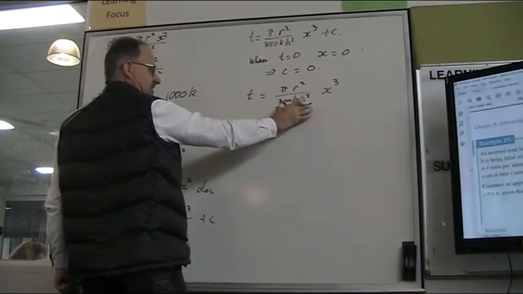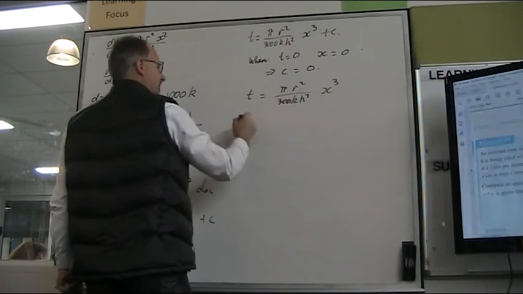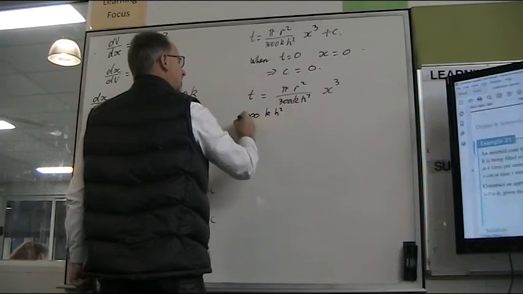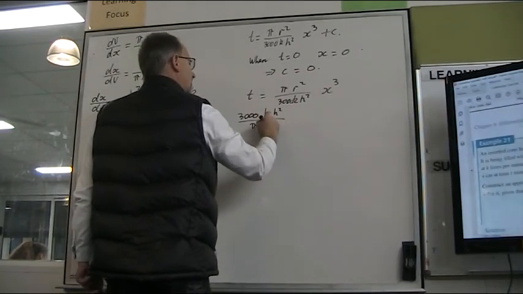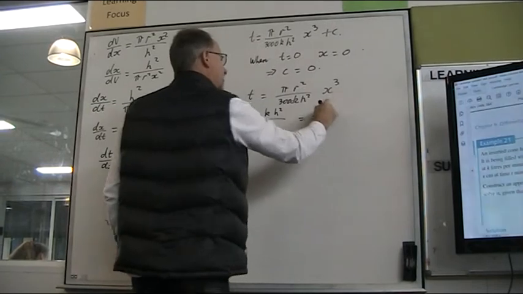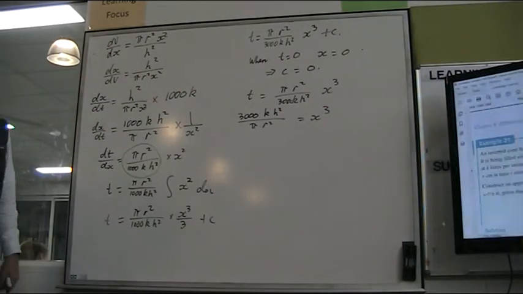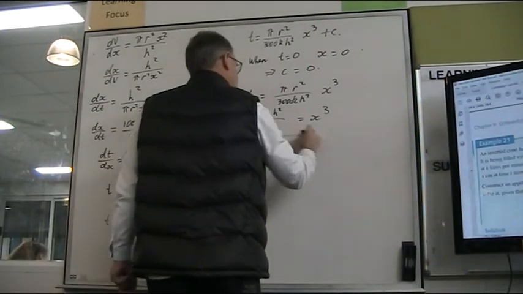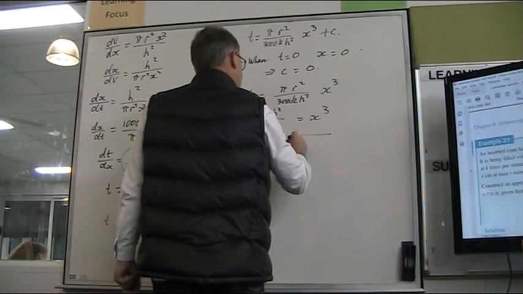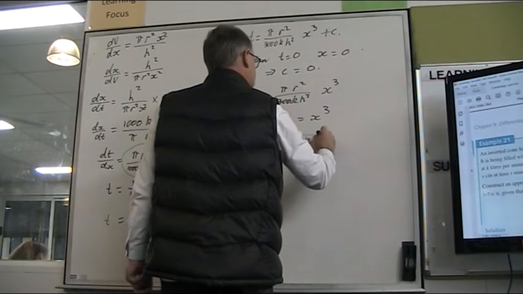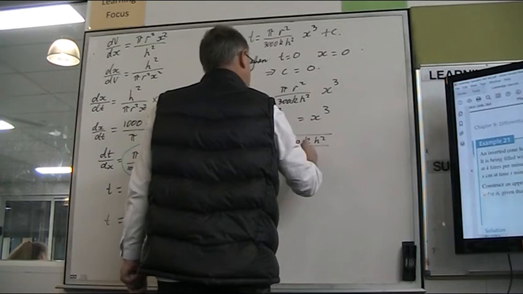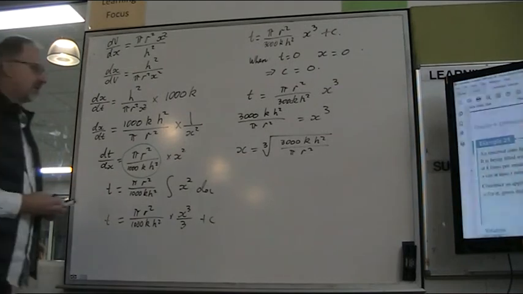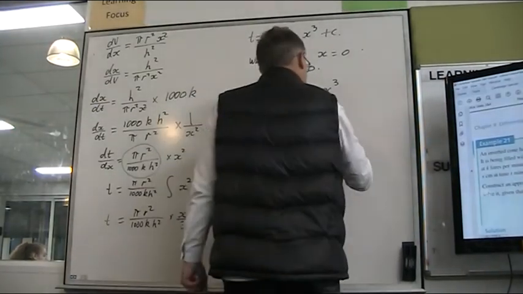Times both sides by what's on the bottom here, divide both sides by that, then you've got 3000k h² on πr² equals x³. And then we take a cube root, I hope. So you've then got that. Oh, I forgot my time. Got it there and I forgot it here as well.